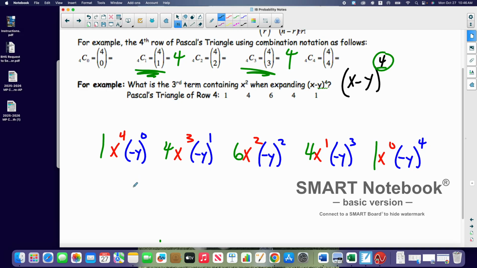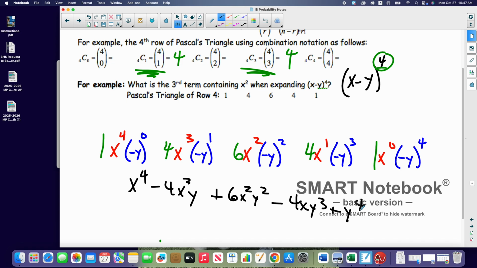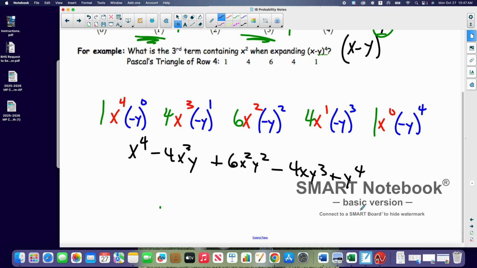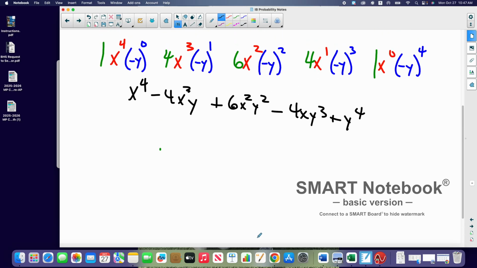And so this is x to the 4th plus 4x cubed. Actually, it's not plus, it's minus. Minus 4x cubed y plus 6x squared y squared minus 4xy cubed plus y to the 4th. That's what it would be if I wrote it in simplistic form, if I got rid of all the extra stuff.